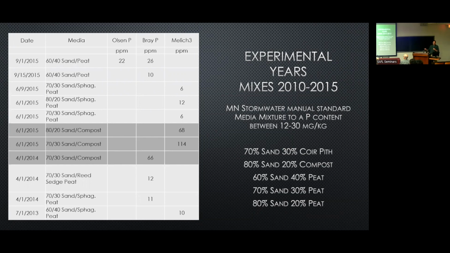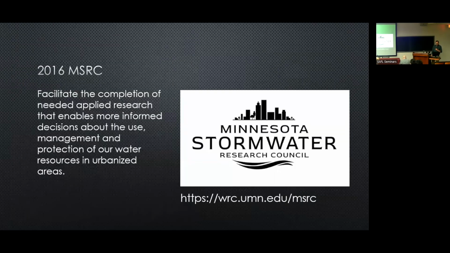That came from North Carolina State University when they were doing the Stormwater Manual update, as a good indicator of whether or not your filtration material would be losing excessive phosphorus. So all of our peat samples, however, were coming in within that standard. And so that's really what we're going with for a lot of our designs.